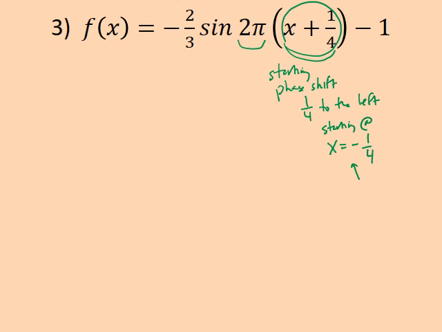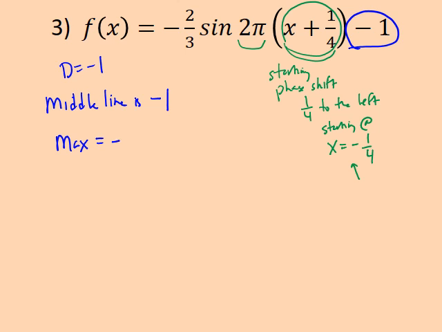Now, remember, the other key information that we need is the middle line. So the middle line is the d. In this case, our d is -1, so our middle line is -1. And our maximum is determined by the middle line, in this case -1, plus the amplitude. Now remember, the amplitude is the coefficient in front of the trig function, and we don't worry about this negative yet. We'll deal with that in a second.